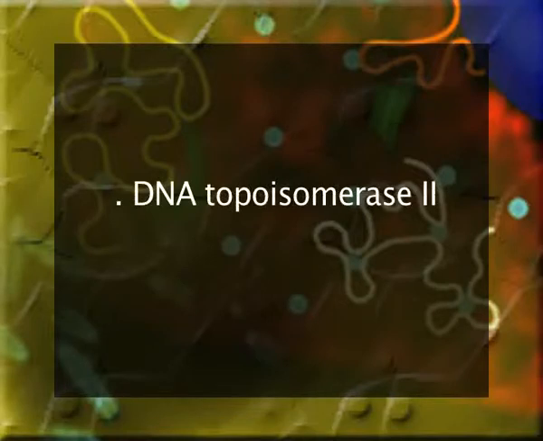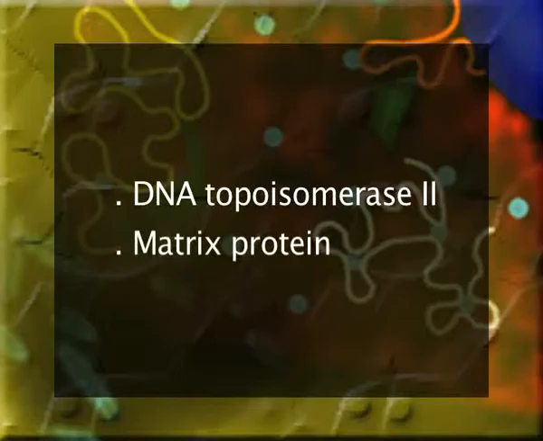The scaffold is made of non-histone proteins and retains the general shape of the metaphase chromosome. The scaffold proteins include two abundant proteins, the larger DNA topoisomerase II and the smaller matrix protein.